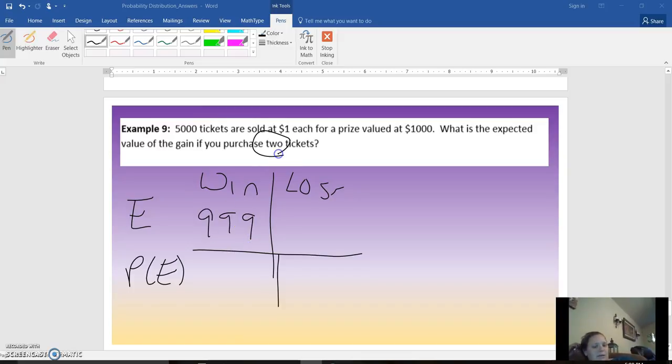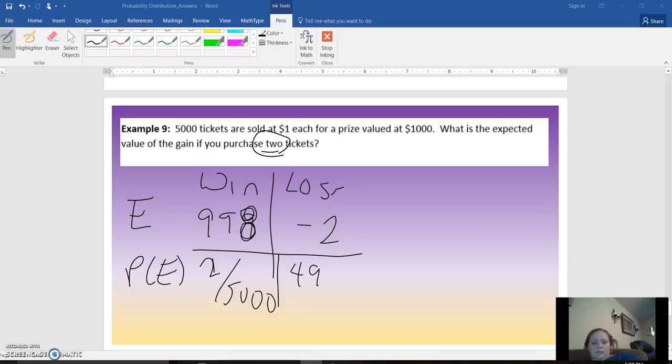Oh, 2 tickets. $998 because you paid for 2 tickets. The probability of winning, they're just pulling 1, is 1 out of 5,000. The probability of losing is 4,998. Oh, no. You bought 2 tickets. So 2 over that.